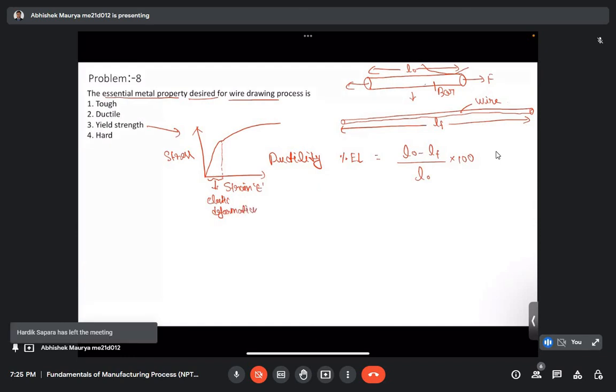And after that, this is the plastic deformation region. And the point from which this elastic deformation changes to plastic deformation is called the yield strength.